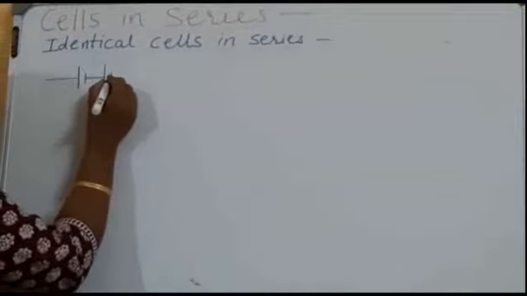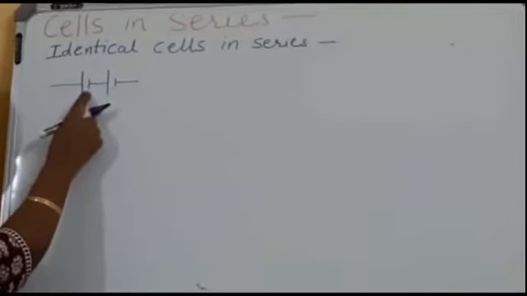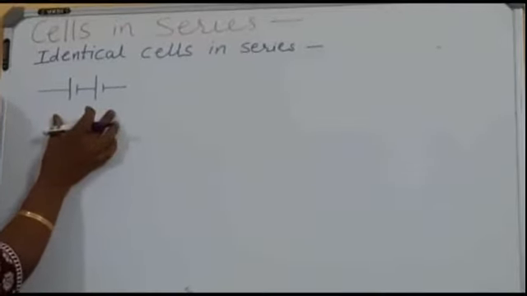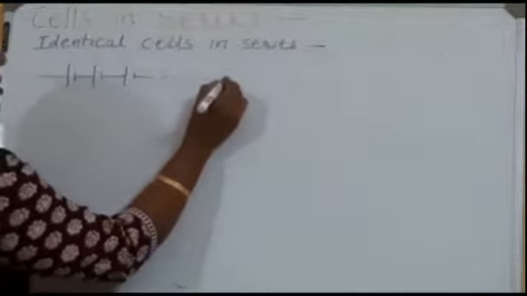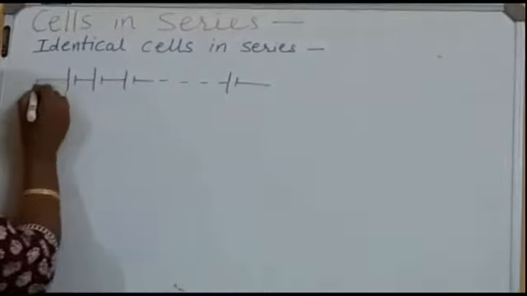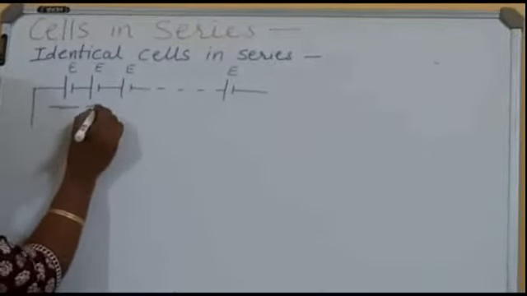The positive terminal of one cell is connected to the negative terminal of another cell, then this arrangement is known as cells in series. So such type of n cells we are going to connect in series. Each cell is having EMF E and the internal resistance r.